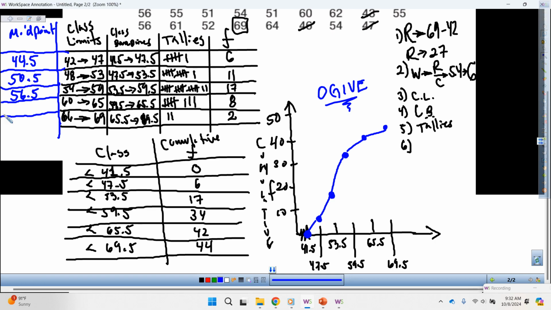Next midpoint, Cassandra. 62.5. And the last one, Sophia. Oh yeah, 67.5. Hands, have you got that?